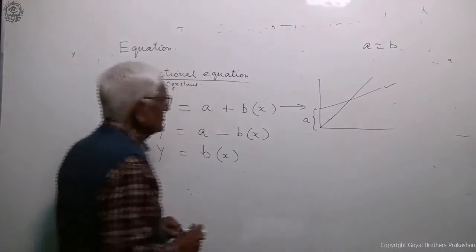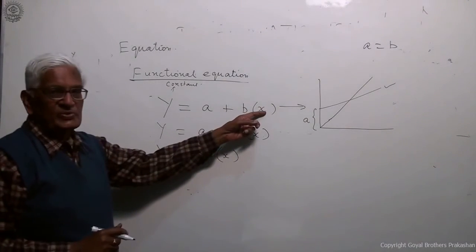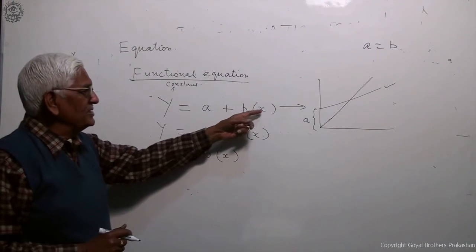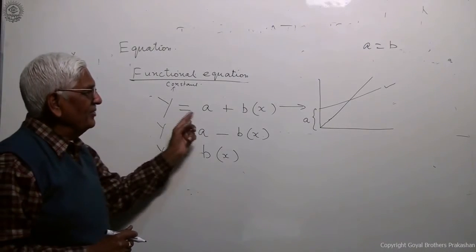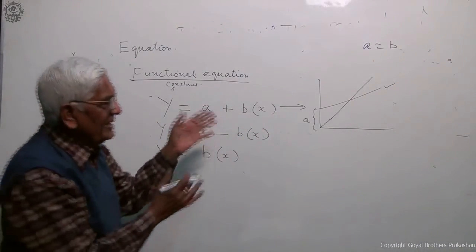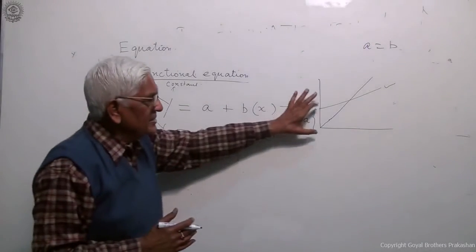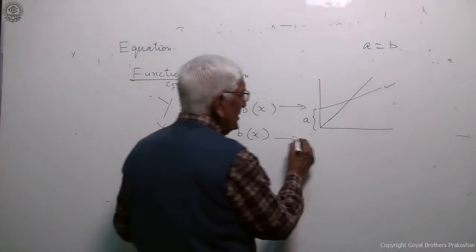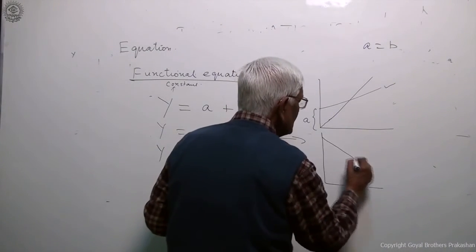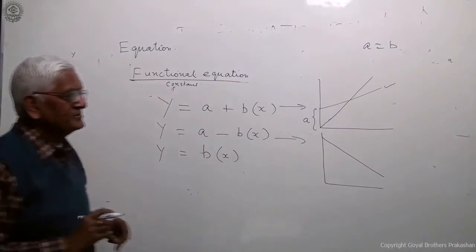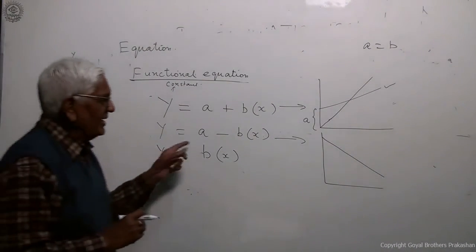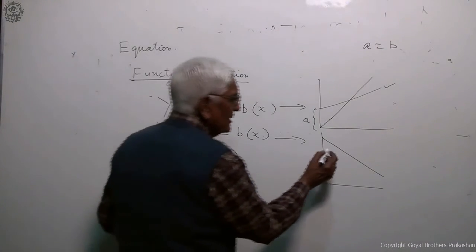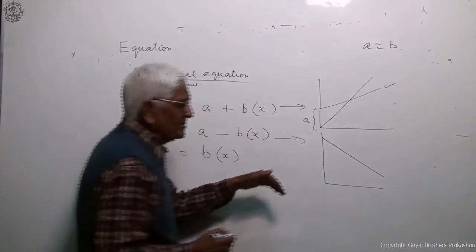Suppose we take x is equal to 0, then bx is also equal to 0. Then at x equal to 0, the value of y will be equal to a. So the y-intercept, we call it y-intercept, this is the value of a. This curve is true in case of downward sloping curve. y is equal to a minus bx, because as you move downwards, the value of y goes down.